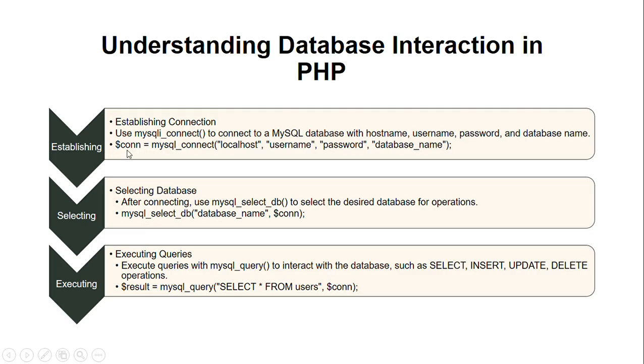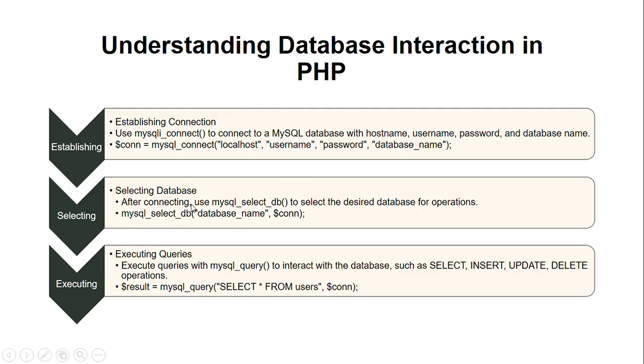The name of the variable can be any name, is equal to mysql_connect. In brackets, you have to write the PC on which the SQL server is there, the username and the password for your SQL server. And if you are aware of the database name at the initial stage, you can write the database name. So mysql_connect is the method to establish a connection to the SQL server.